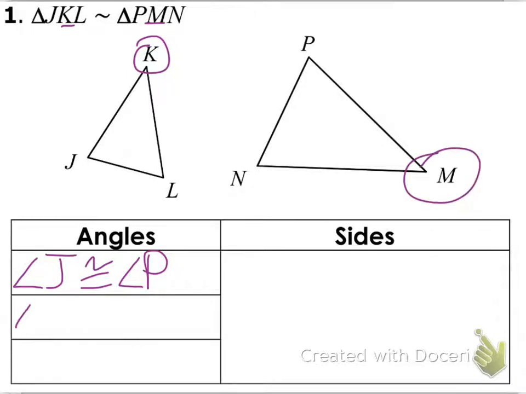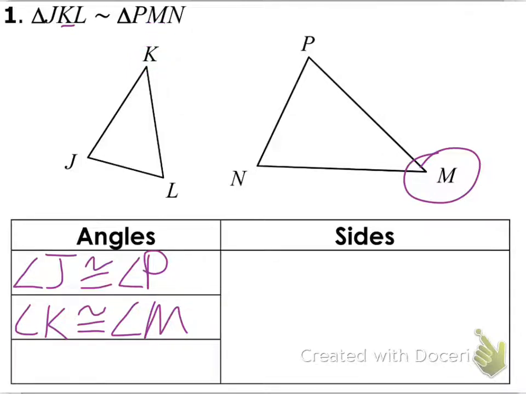So then angle K has to be congruent to angle M. Let me make this a little neater. Okay. And by the way, this is another symbol that you can use for congruency. So where it has a slash or the squiggly with an equal sign underneath it, you could use either that or the double squiggly. Doesn't matter. It's the same thing.